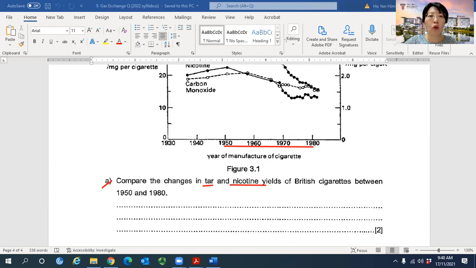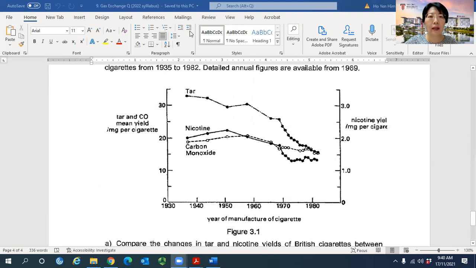So therefore, we go back to the graph to look for tar and nicotine yields. That means we only describe tar, which we look at this side, and nicotine yield, which we will look at this y-axis here.